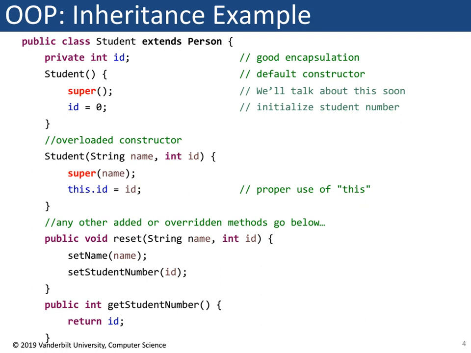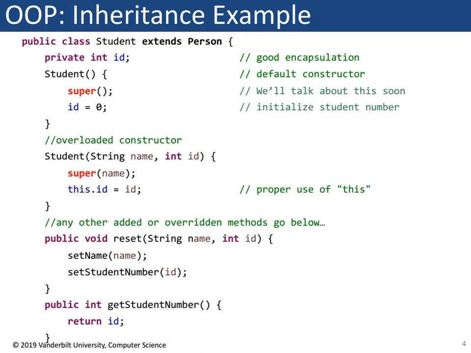Then we declared the student class as an extension to the person class. So student inherits the properties, the data and behaviors of person. So we would say that student, the subclass, extends person, the superclass. And then inside of student, we are defining this instance variable ID. We have the student constructor, which is the default constructor, as well as a two-parameter constructor.